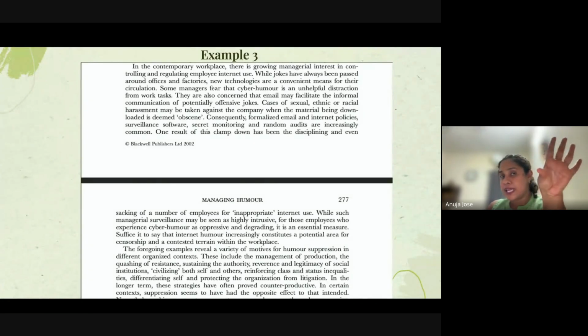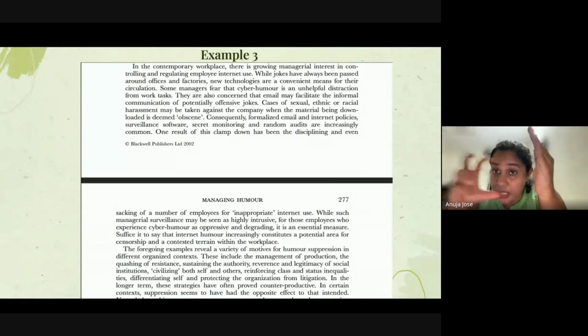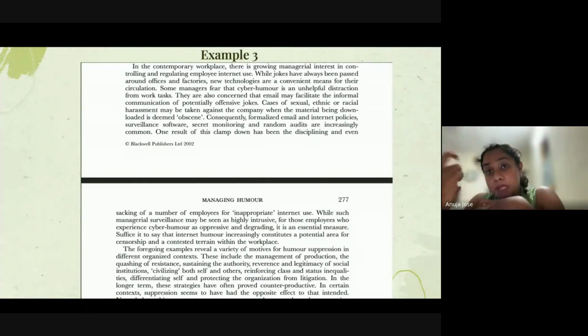Now, from these three examples, I have tried to show you how you have to bring an evaluative tone to your writing, how you should use simple language but in a very clear manner, and how to formulate your ideas and the theme. The coherence part that I discussed in the elements part, right? How to bring that coherence.